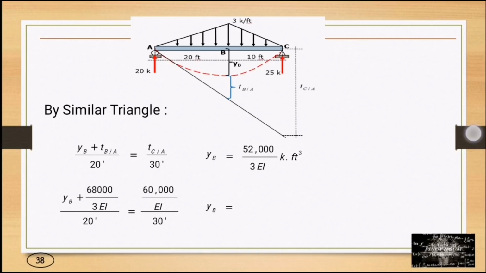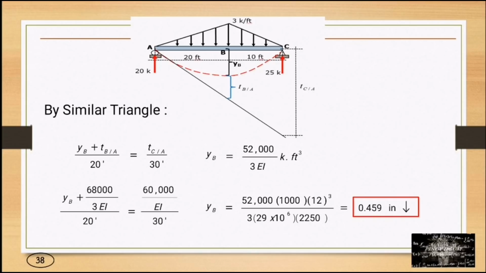So YB is equal to 52,000 times 1,000 times 12 raised to 3 over 3 EI. So YB is equal to 0.459 inch, downward. Okay.